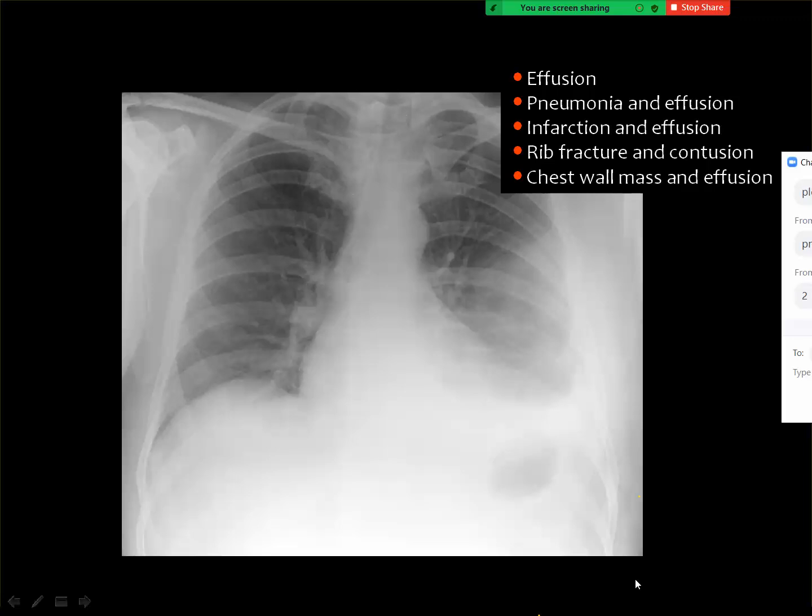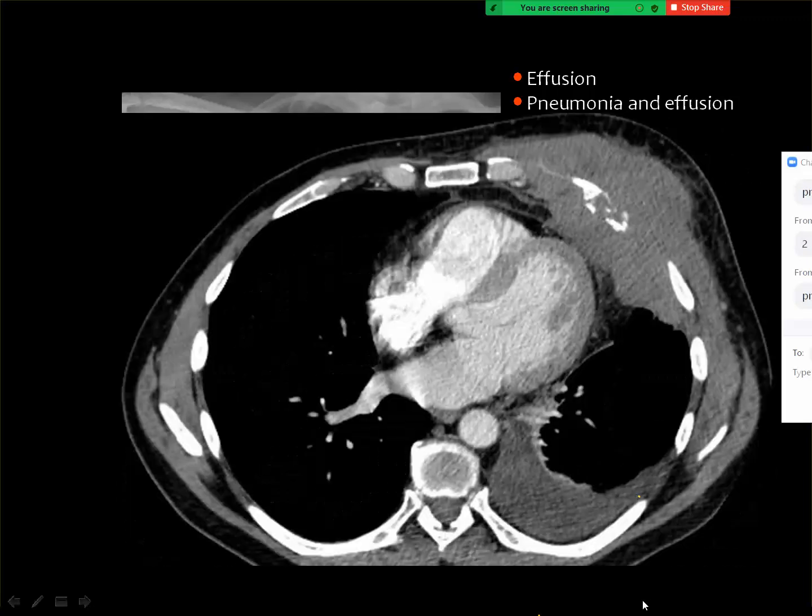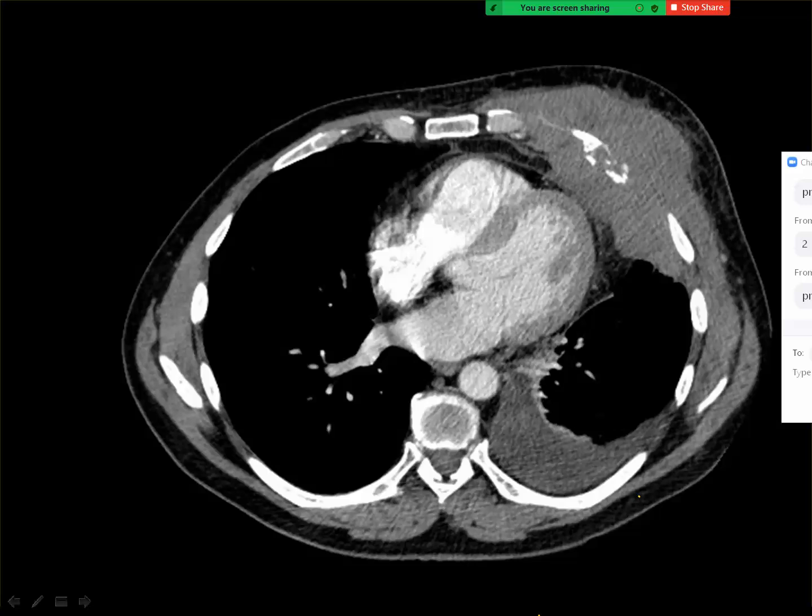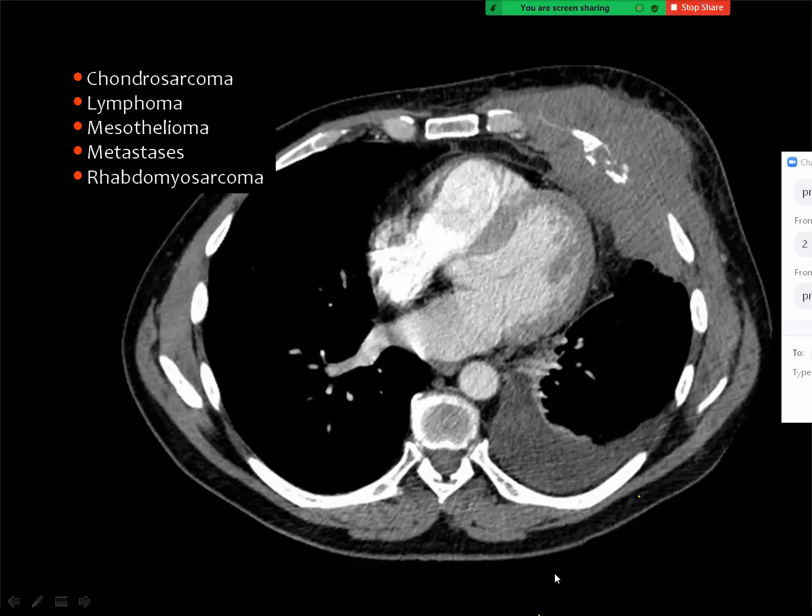Pneumonia and effusion. Yes, this should be the right answer from the plain film, but this is the CT scan of the same case, and these are some of the possibilities.